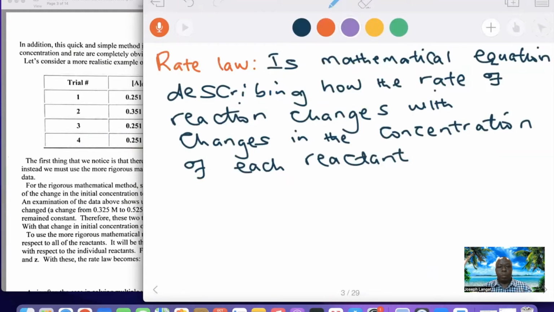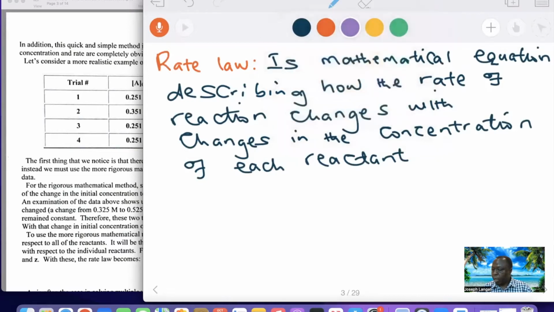However, the rate of reaction can also be monitored as a function of the two reagents A and B using what we call the rate law. Rate law is simply the mathematical equation describing how the rate of reaction changes with the changes in concentration of each reagent. Here is an example.